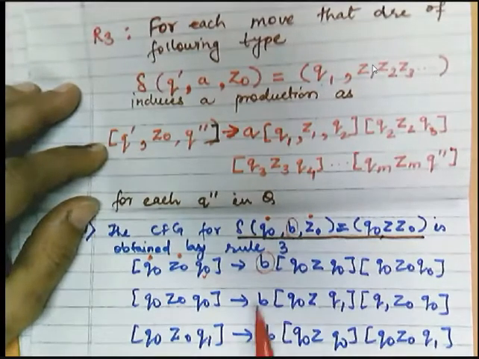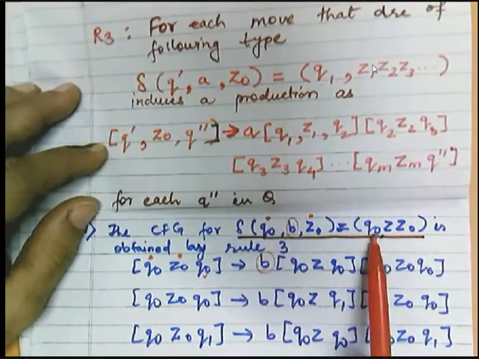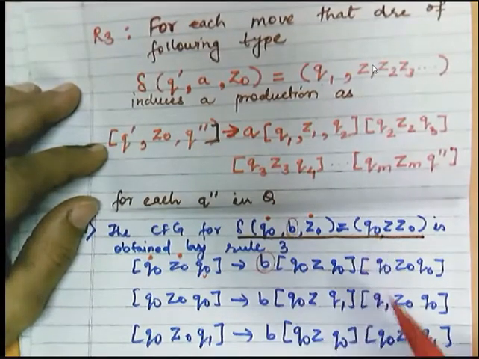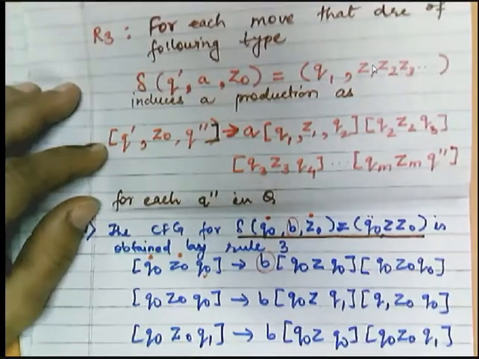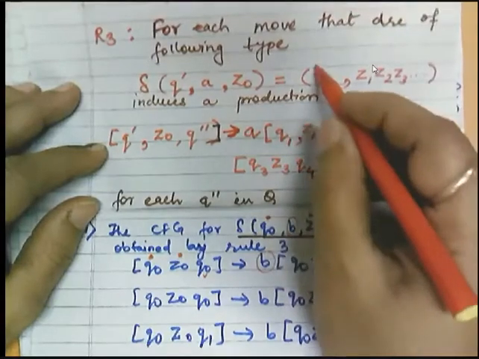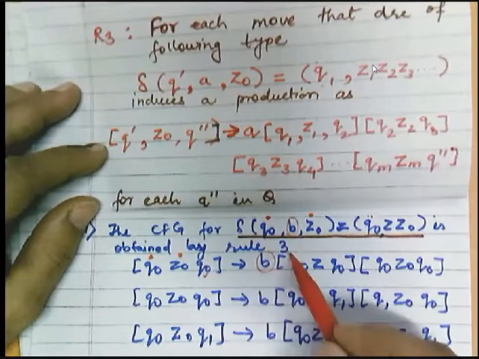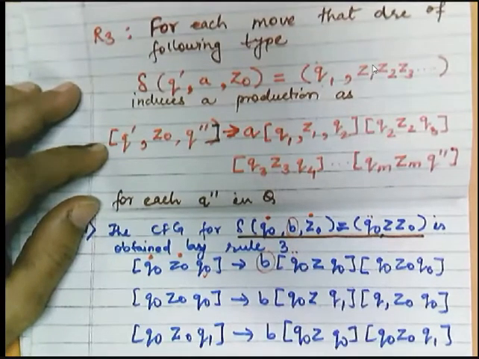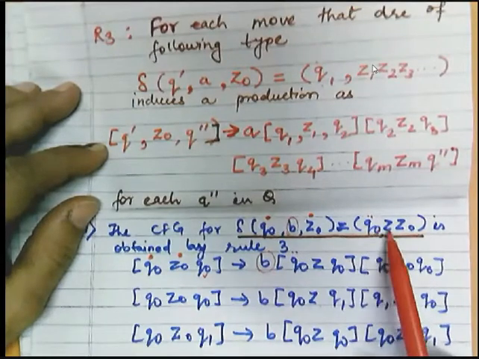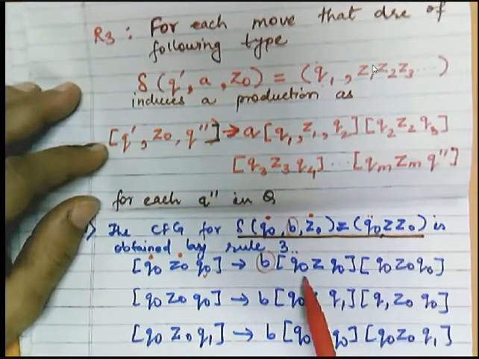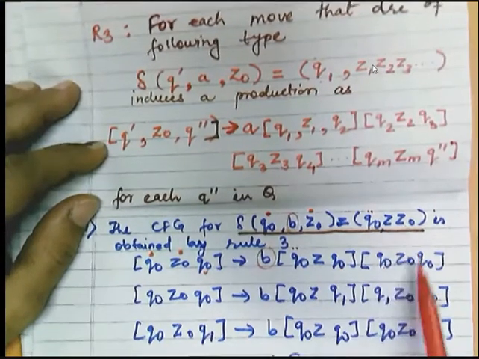Now here we have to start with Q1. Q1 is here. So here the Q0 is written as this, B Q0. Now we have to take one by one this thing: Q0 Z Q0 and Q0 Z0 Q0.